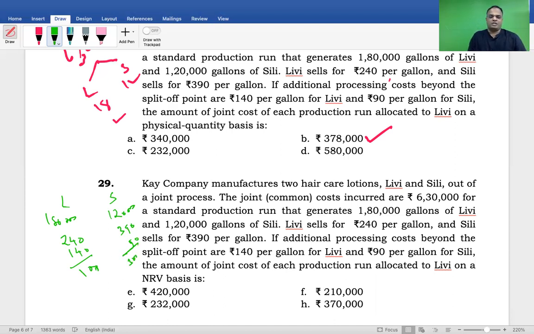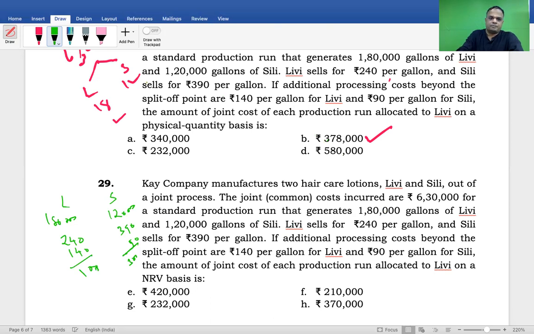If I apportion 1:3 for Livy, how much do we get? Total joint cost 6,30,000 divided by 3 gives 2,10,000, and 4,20,000. But for 1:3 it should be divided by 4.